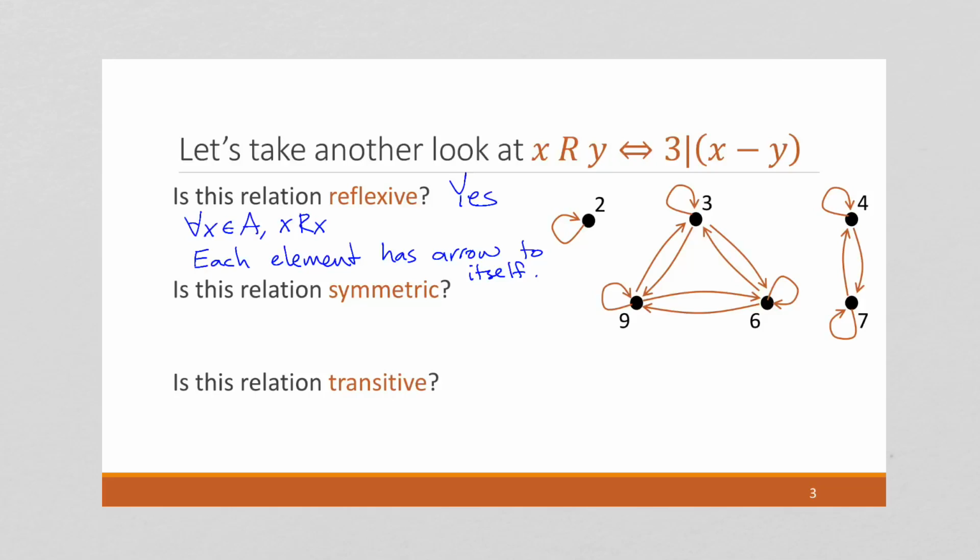So now, is it symmetric? Well, let's write down the definition of symmetric. For all x and y in our set A, if x is related to y, then y is related to x. So is this relation symmetric? Yes, because whenever we have, for example, 9 related to 3, 3 is also related to 9.